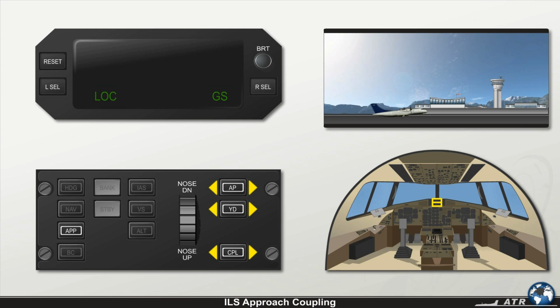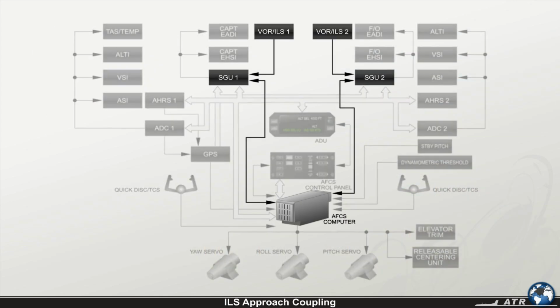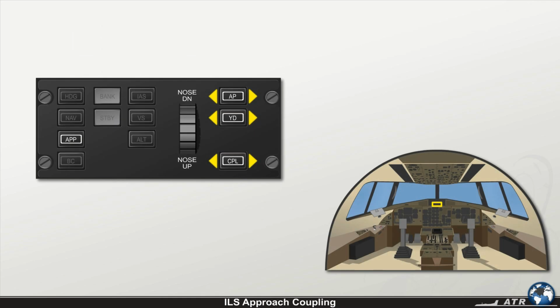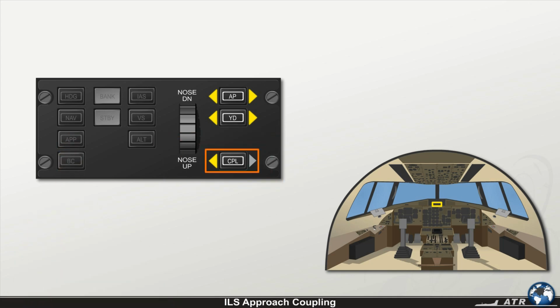If both nav receivers are tuned to the same ILS frequency, both coupled arrows will illuminate, and both nav receivers are coupled to the AFCS computer, which will use the average data for guidance computations. In case the approach mode is manually canceled, the flight director remains coupled to the previously selected side.